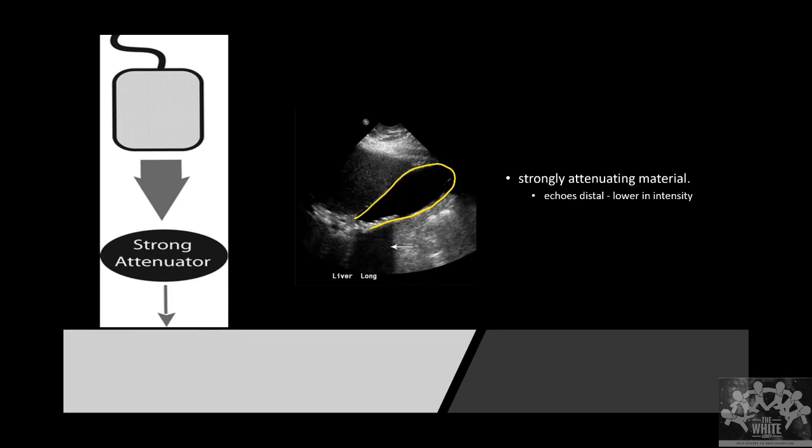What do you think that structure is? Yeah, good. It is the gallbladder. This echogenic area is the place where the hilum of the liver is.